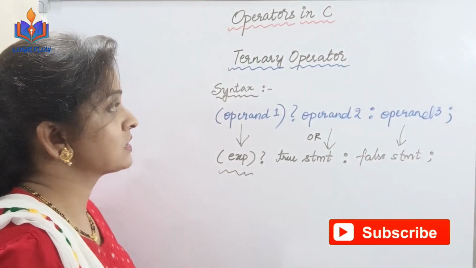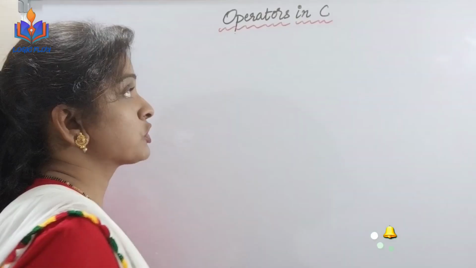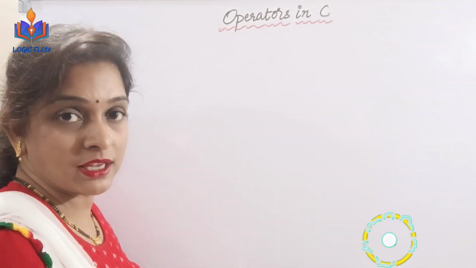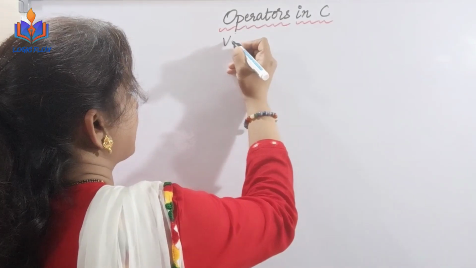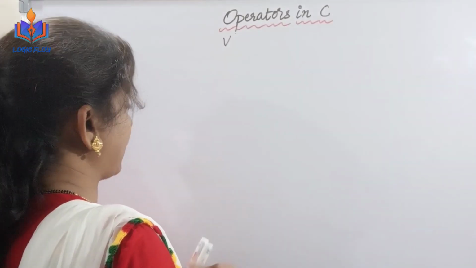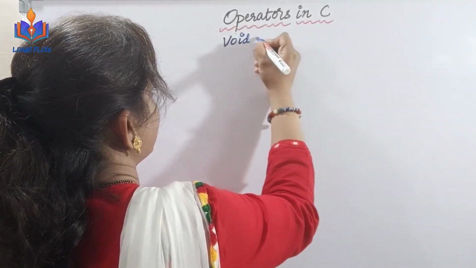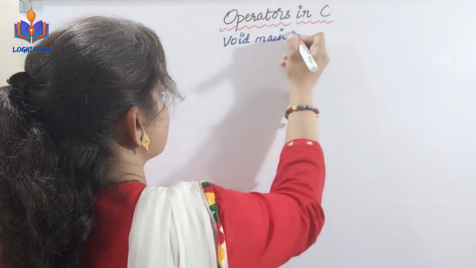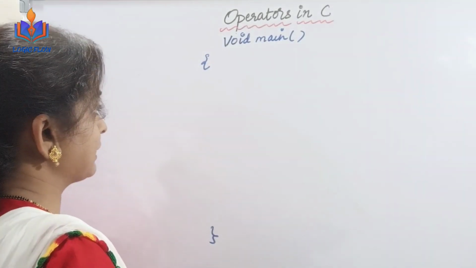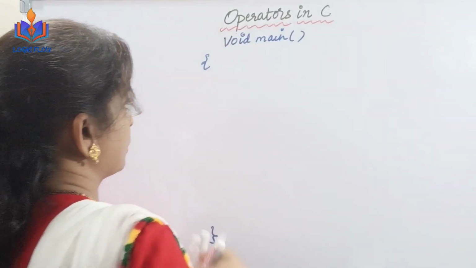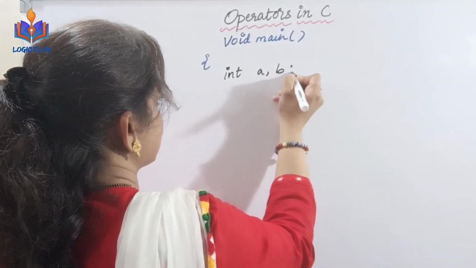Let's see this ternary operator in detail with an example program. You need to include stdio.h and conio.h. I'll be writing from void main. Let me declare the variables: two variables, int a and b.